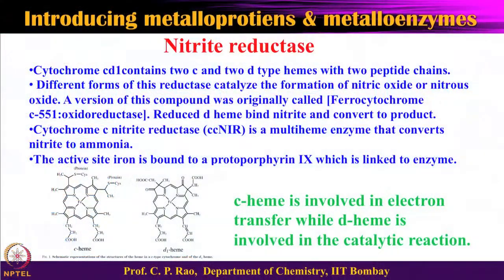Now, let us look once again, and I will explain a couple of things that I have done already in the previous class on the nitrite reductase. Nitrite reductase is an enzyme which converts the nitrite group into a nitric oxide kind of moiety, NO2 to NO. So obviously, it requires that one of the O to nitrogen bonds should be taken out.